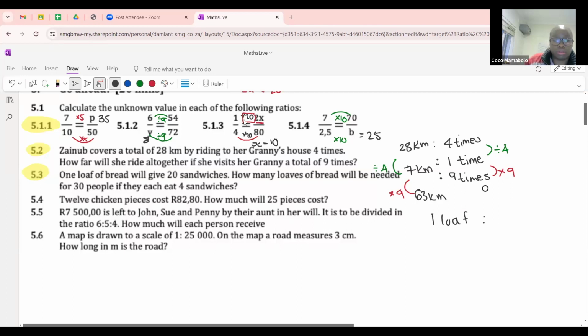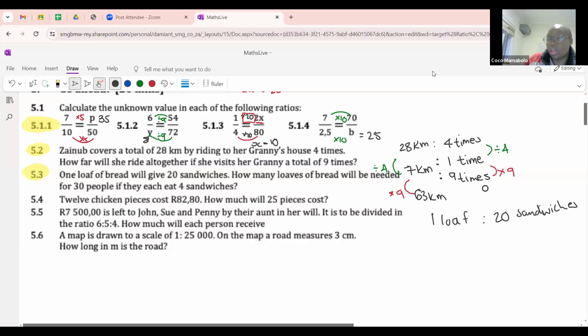And then to make it smaller, I said 20 divided by 5, which gave me 4. And on this side, I said 1 divided by 5, which was equal to 5 loaves. Okay, so you're saying we would need 5 loaves for 30 people.